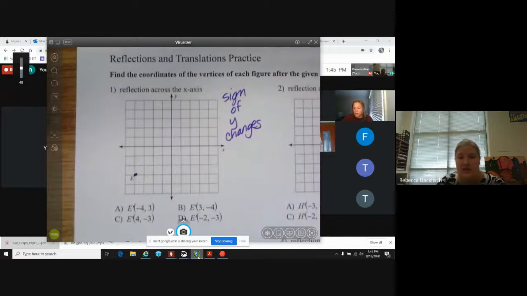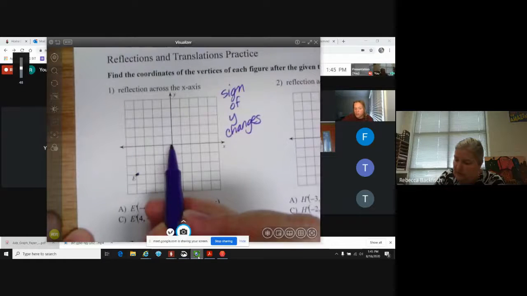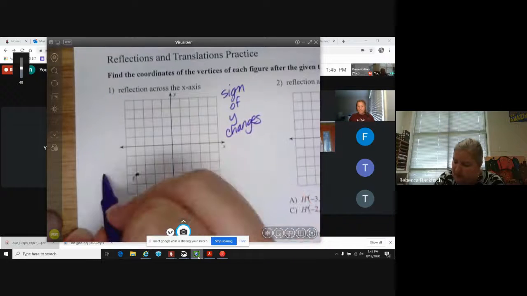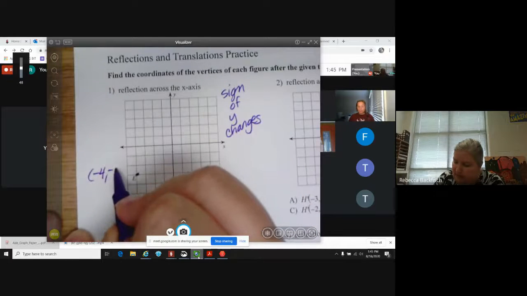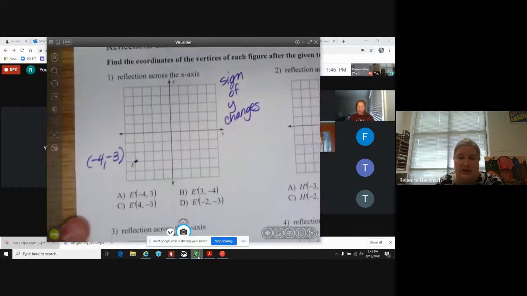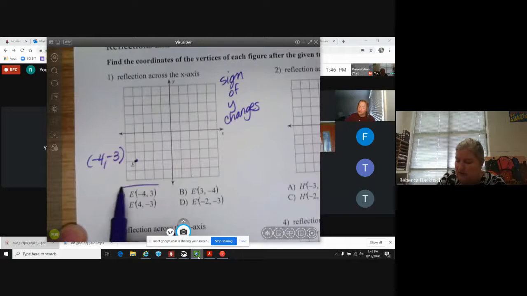So I have to figure out where this point is originally. It's at -4, -3, because I go left 4 and down 3 to get there. And if the sign of y is going to change, that means just the -3 is going to turn positive. So my answer is A.